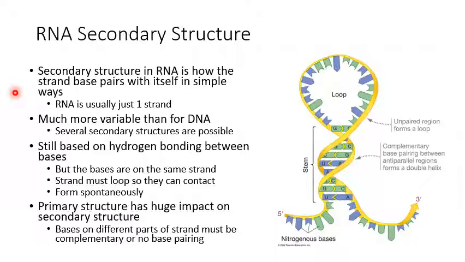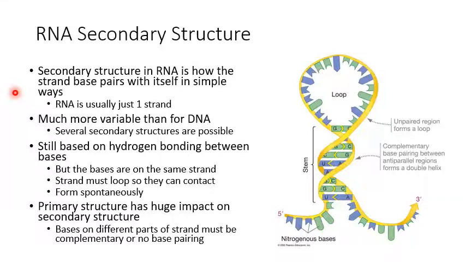These shapes will also form spontaneously. So if you just have an RNA strand floating in the cell, it's going to randomly end up folding back on itself. And any place where you have complementary sections of that strand, once they get close enough to each other, they will hydrogen bond with each other, base pair with each other, and then you're going to get the secondary structure forming.